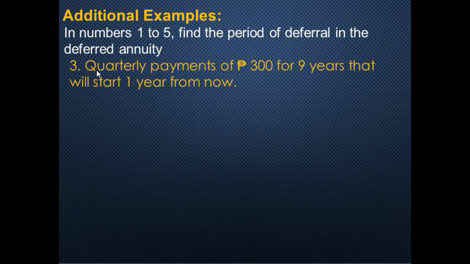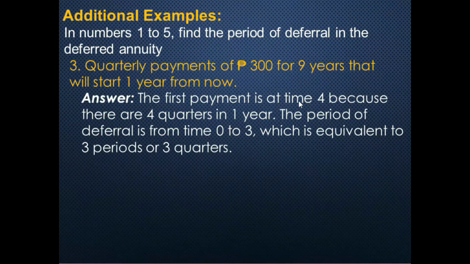Aside from that, we have number 3, quarterly payments of 300 pesos for 9 years that will start 1 year from now. So the first payment is at time 4 because there are 4 quarters in 1 year. The period of deferral is from 0 to 3, which is equivalent to 3 periods or 3 quarters.